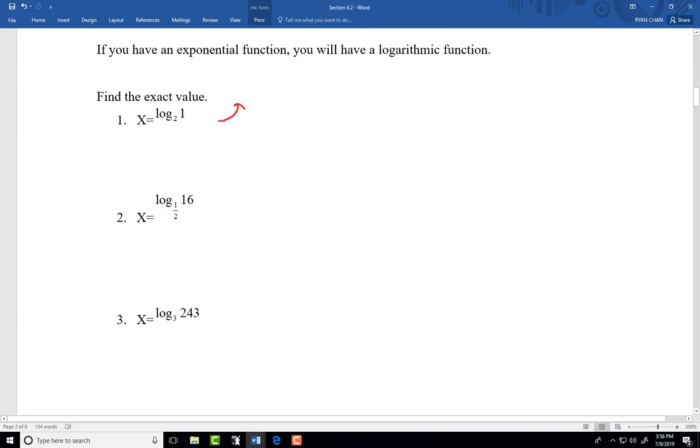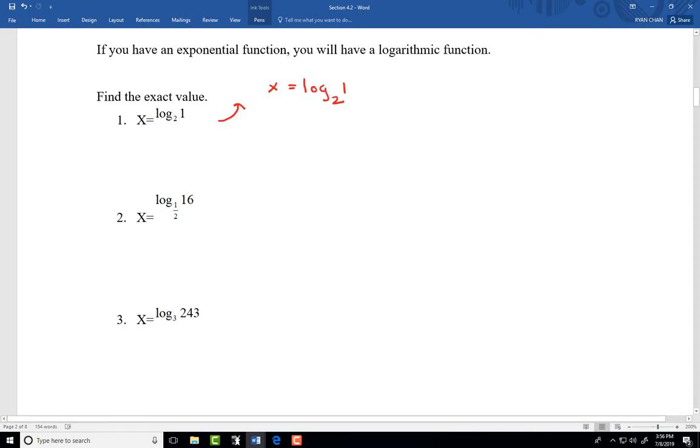Let me rewrite this. This is x is equal to log base 2 of 1. And the reason why this is important is because I can't solve this. This is a little confusing. You guys don't even know how to do logs yet. But if I swap it to exponential, this makes things a lot easier.